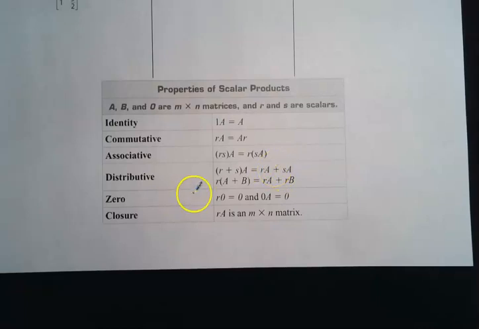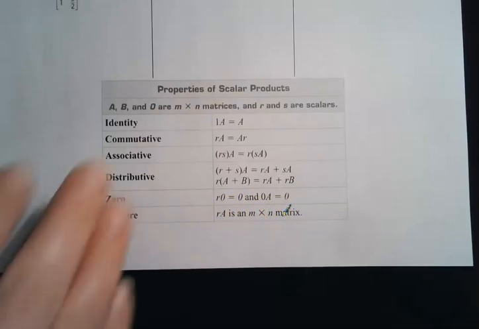Zero property: R times the zero matrix is still going to give you the zero matrix, or 0 times matrix A is going to give you matrix 0. And our closure: when we have our real number times matrix A, it's still going to be an M times N matrix. It's still going to be closed in brackets and have dimensions to it. Those don't disappear.